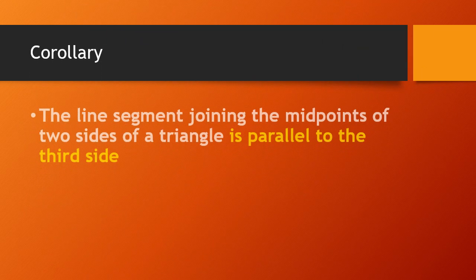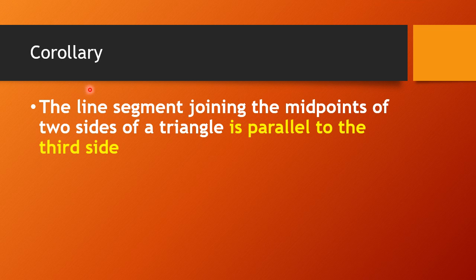Corollary. The line segment joining the midpoints of the two sides of a triangle is parallel to the third side.